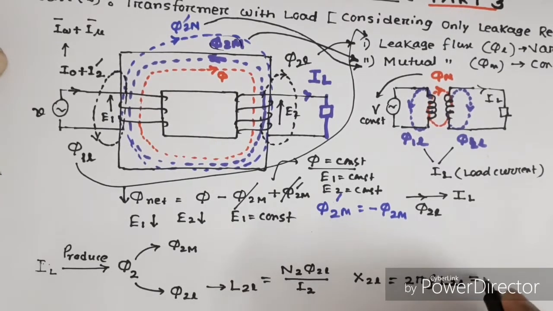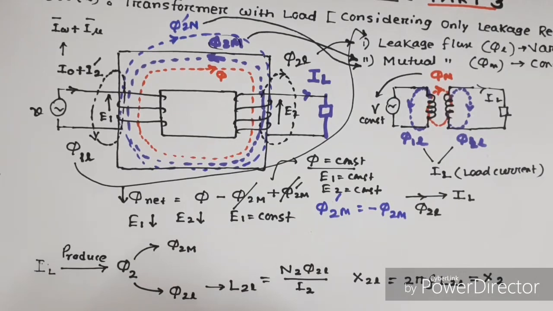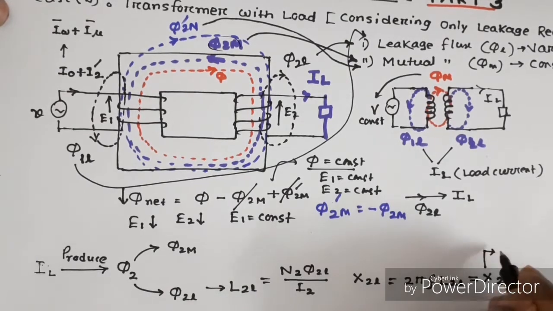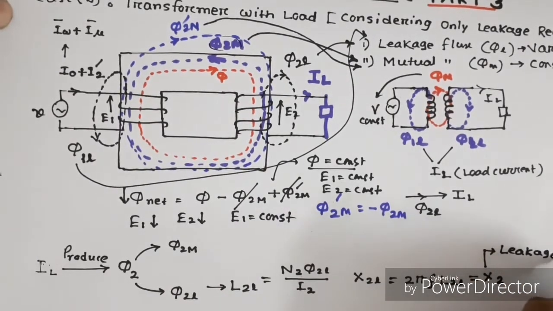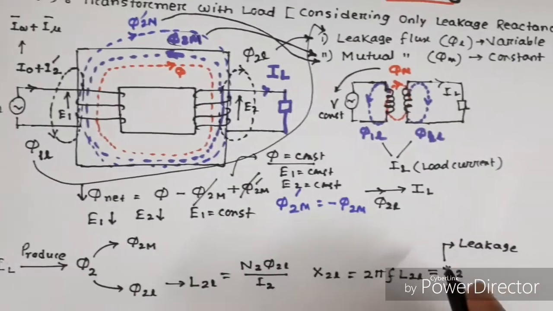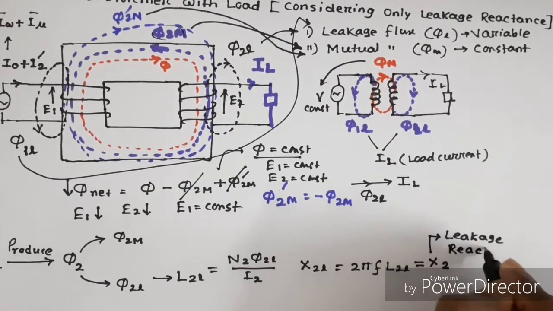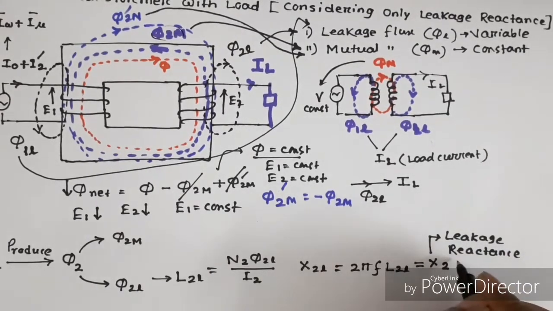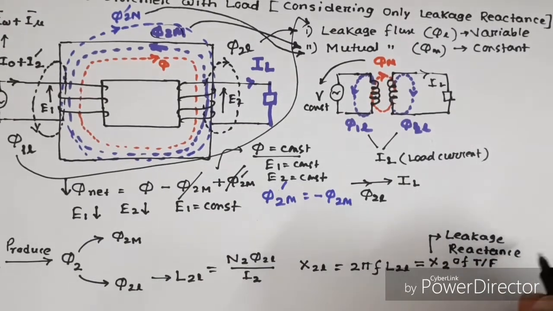This is X2, that is equal to the leakage reactance of the transformer secondary winding.